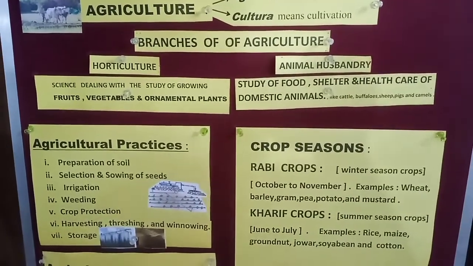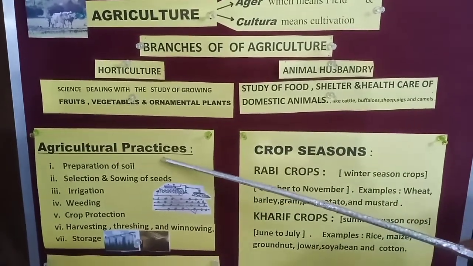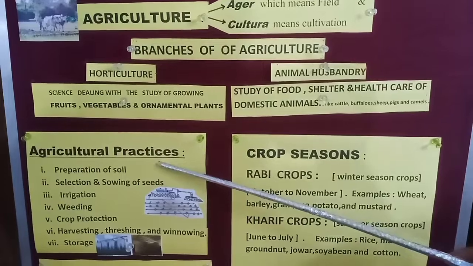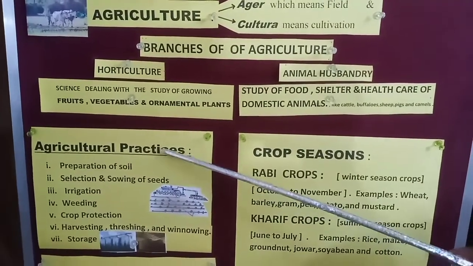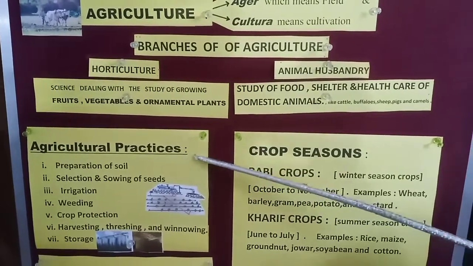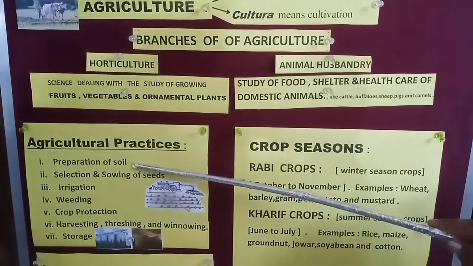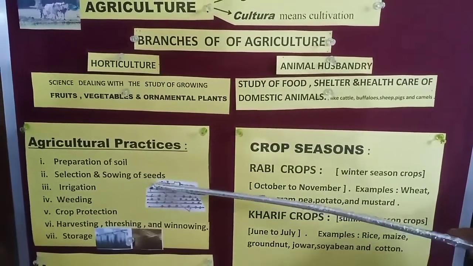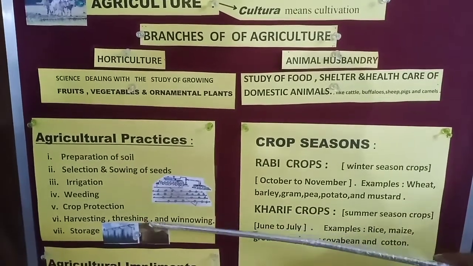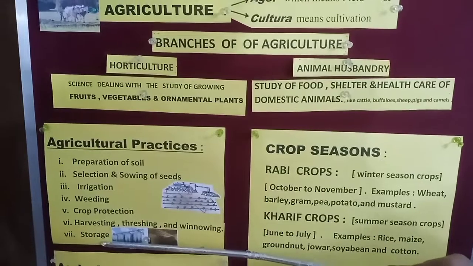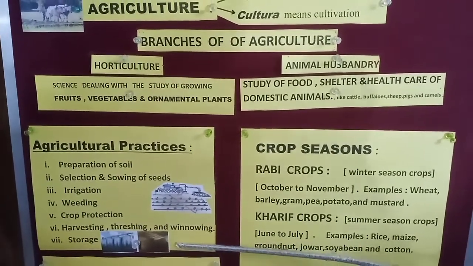Our next topic is basic agricultural practices. To ensure a good crop yield, several activities are undertaken by farmers over a period of time. These are known as agricultural practices. The first step is the preparation of soil. Next is selection and sowing of seed, irrigation, weeding, crop protection, harvesting, and storage, which is the last but very important step.